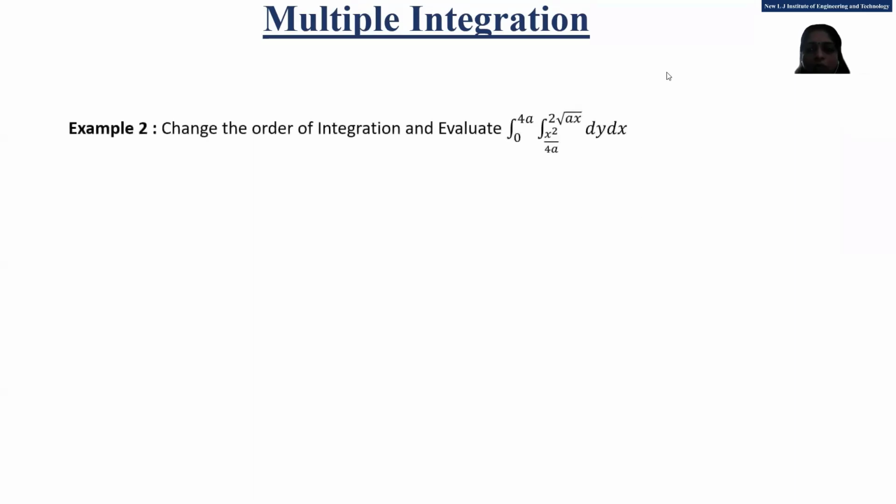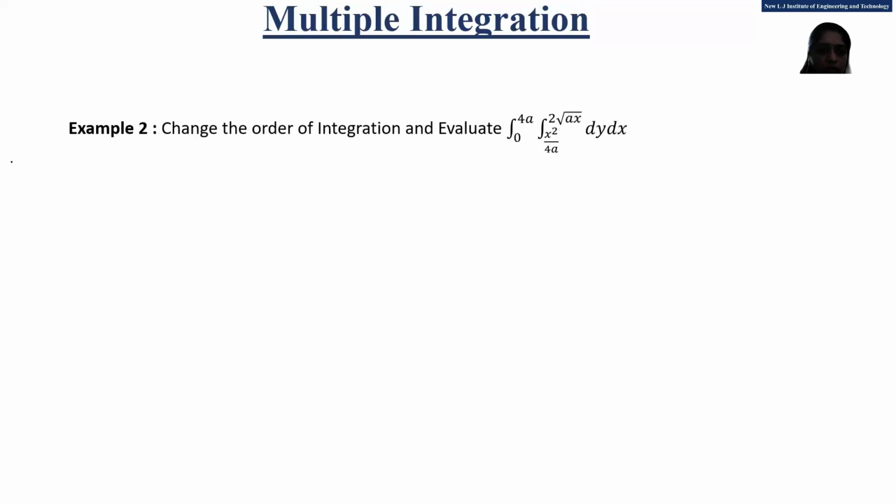That is, change the order of the integration, and that is 0 to 4a, x square by 4a to root ax dy dx.